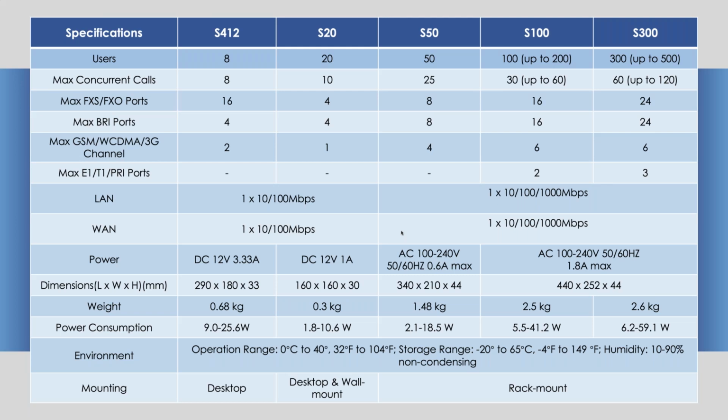But if you prefer to customize your system by yourself for end users or for some project, that's totally supported. As you can see here, all of our S-Series PBX models can support FXS and FXO. They can also support GSM, WCDMA, and 4G LTE. Even for the ISDN channel, we also support it. So the whole system is very flexible for you to make your own customization.